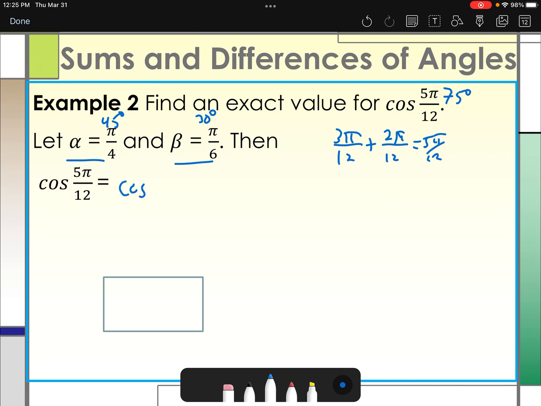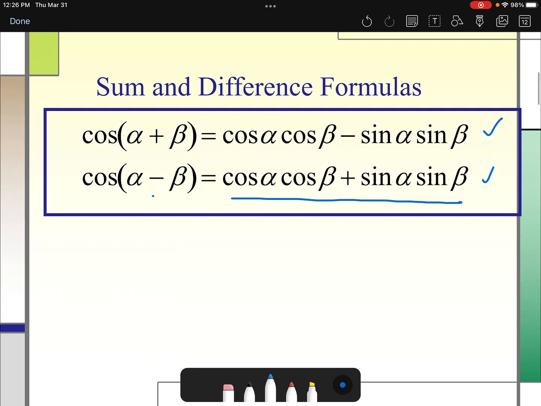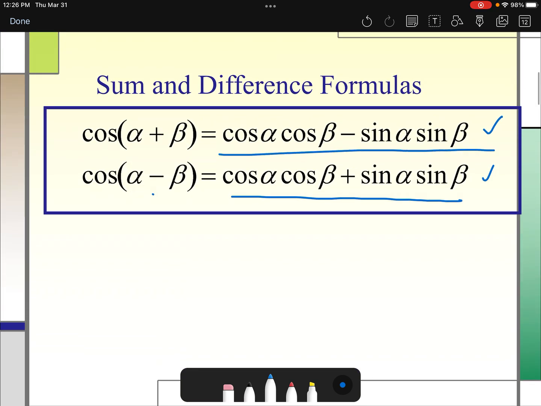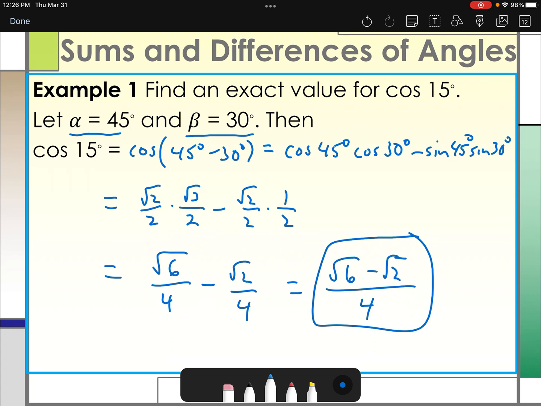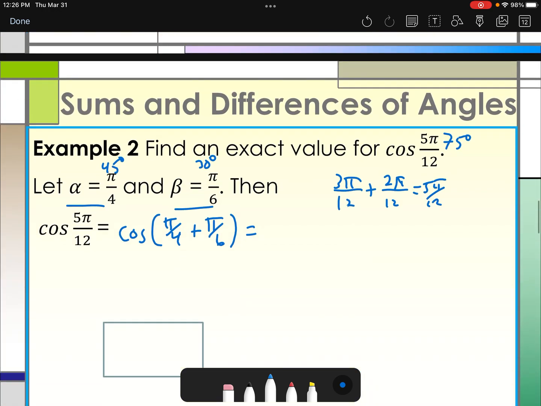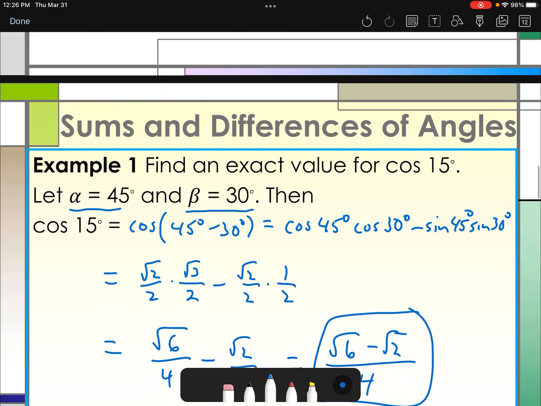So we're going to use the sum now. So pi over 4 plus pi over 6. Well, that is a little bit different formula. That is cosine, cosine minus sine, sine. Uh-oh, I screwed up this formula, didn't I?